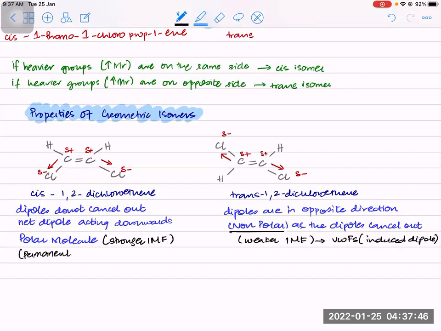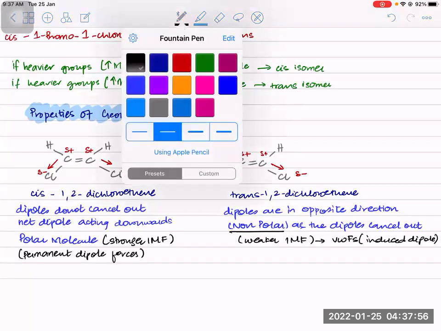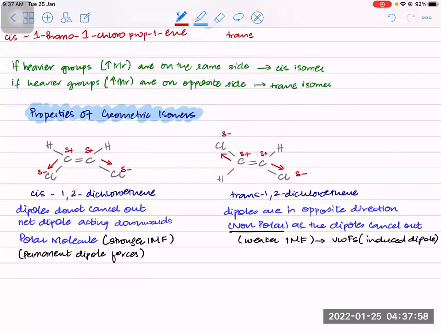Permanent dipole forces. I'm naming the stronger one. So since this has a stronger intermolecular force, can I say this will have a greater boiling point? And this will have a lower boiling point.